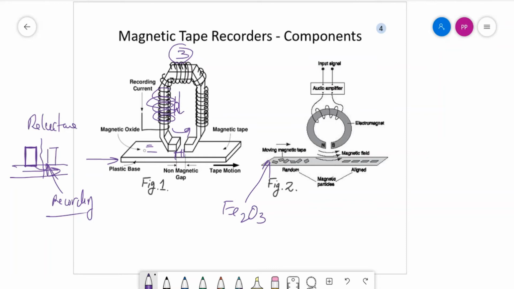So the tape head is one component, then there is a recording head. Similarly, there is a reproducing head or playback head. The playback head is collecting this information because of the movement of the film.